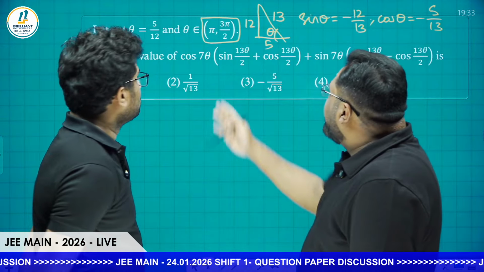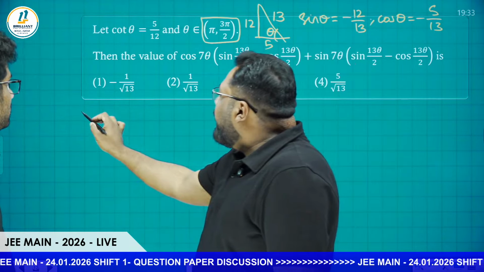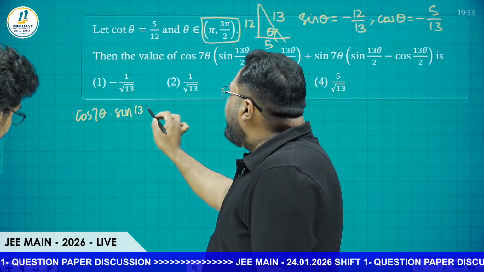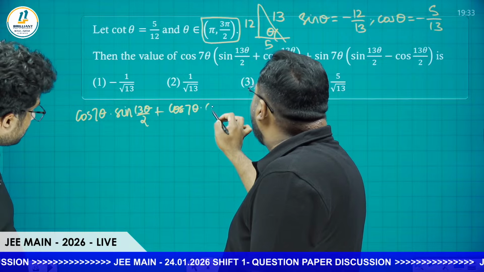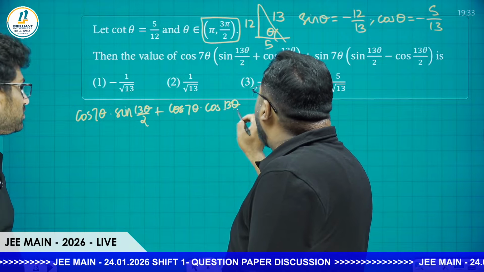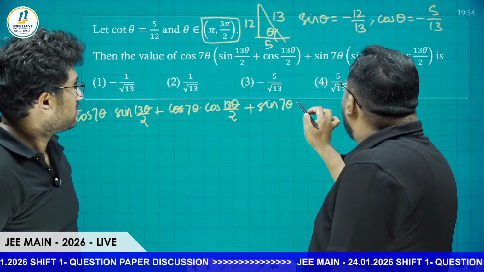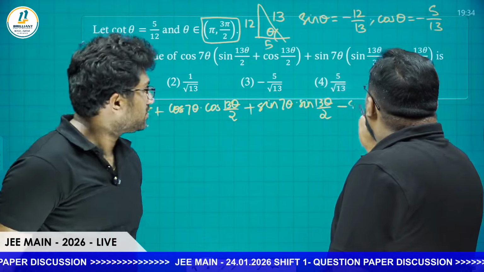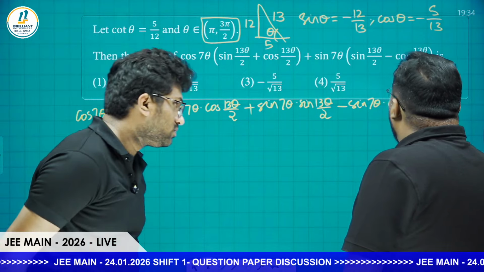Now what we have to do is just expand this. Just multiply cos 7 theta inside. So cos 7 theta into sin 13 theta by 2 plus cos 7 theta into cos 13 theta by 2. Again, multiply this inside: sin 7 theta into sin 13 theta by 2 minus sin 7 theta into cos 13 theta by 2.